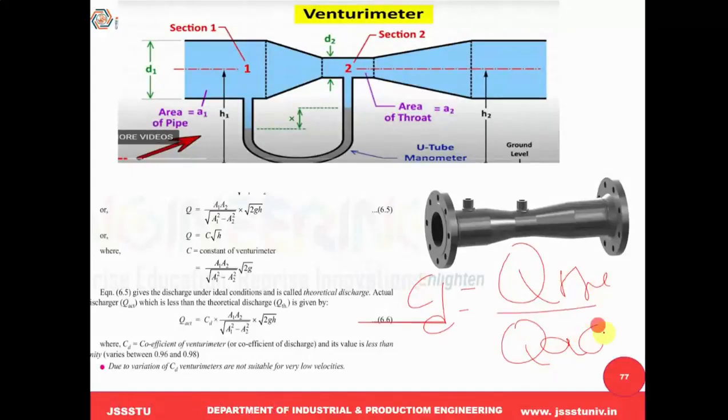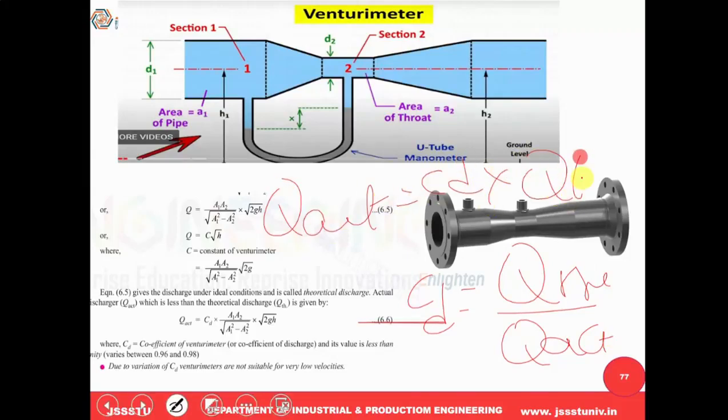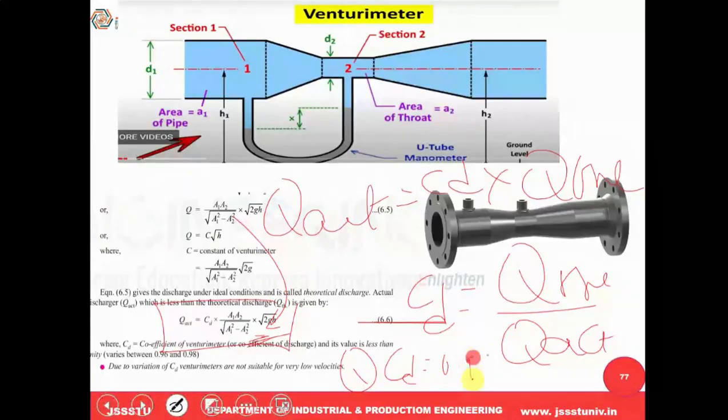Therefore, actual discharge becomes Cd times the theoretical discharge. You just plug in the theoretical discharge from this equation, and this gives the actual amount of discharge. This Cd value is found experimentally, and it is around 0.98.